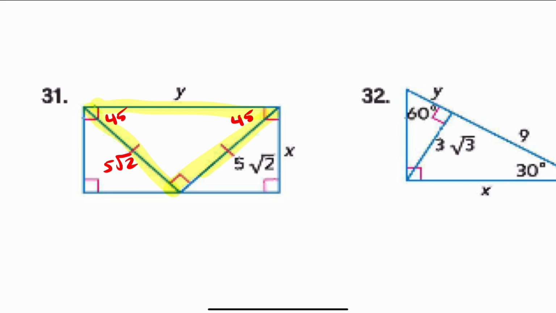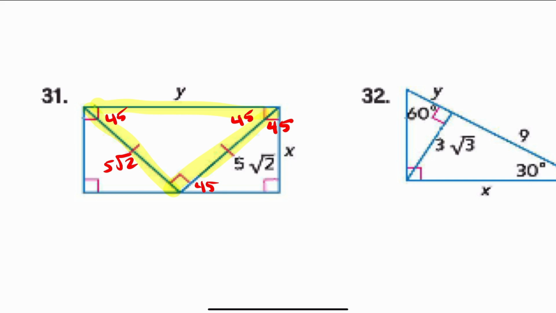So label your figure, figure out what A is equal to, and then you can figure out what to do with this triangle. Because if I look at this, this is 45, this has to be 45 as well, and this here has to be 45 as well, okay?